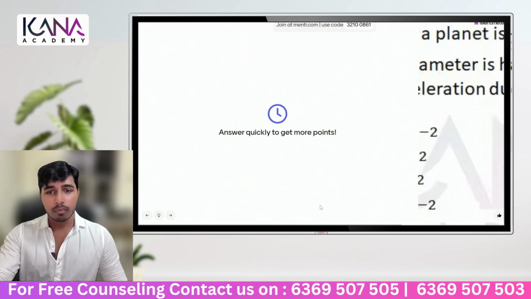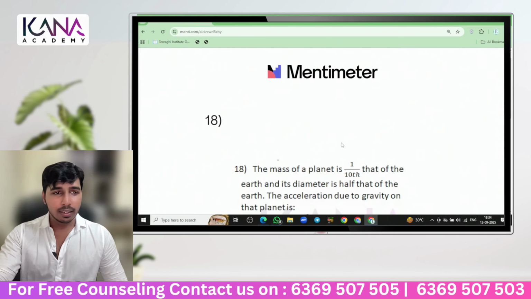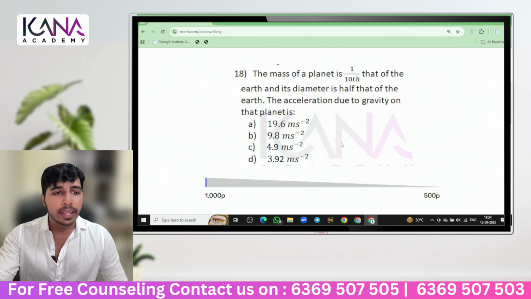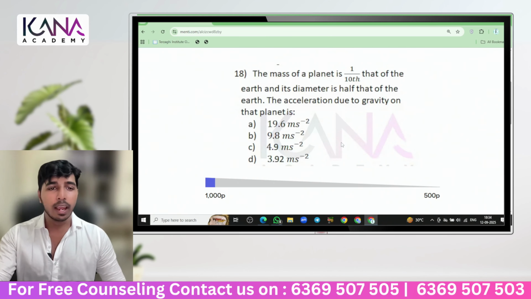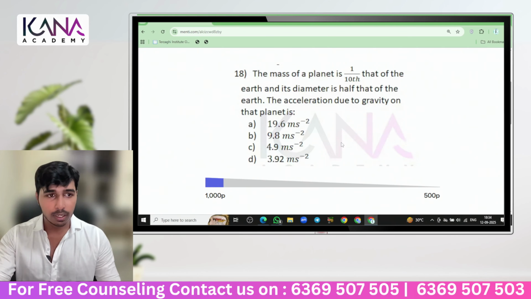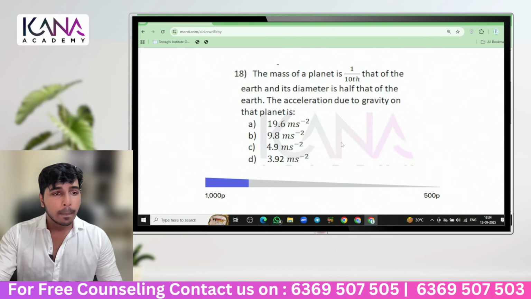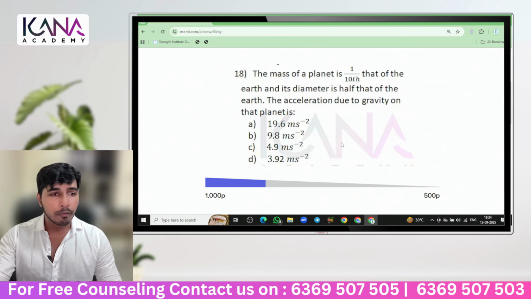Okay. Let's start. A mass of planet is 1 by 10 that of the Earth, and its diameter is half that of the Earth. The acceleration due to gravity of the planet is, the options are below. 19.6 m s to the power minus 2, 9.8 m s to the power minus 2, 4.9 m s to the power minus 2, 3.92 m s to the power minus 2.